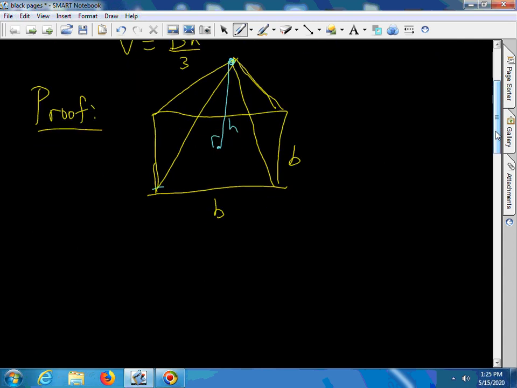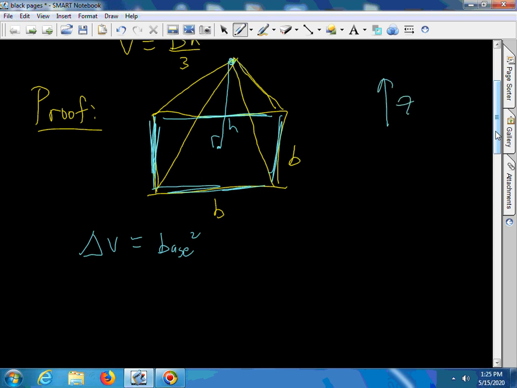Now, what you need to figure out is, so we kind of know the formula. So for each slab, let's call that delta V. It's going to be the base squared times, we'll call going up z, times delta z. But we need to know what the base is for any given height.